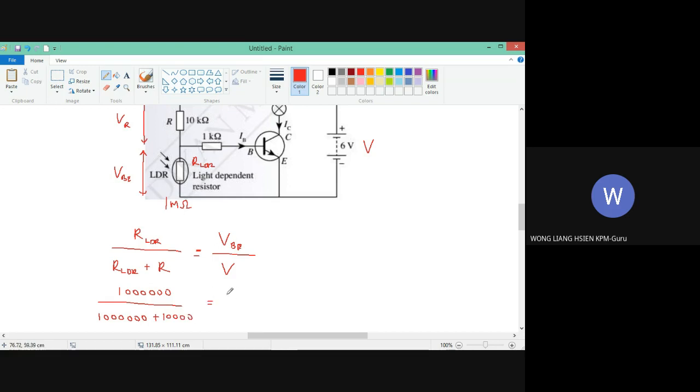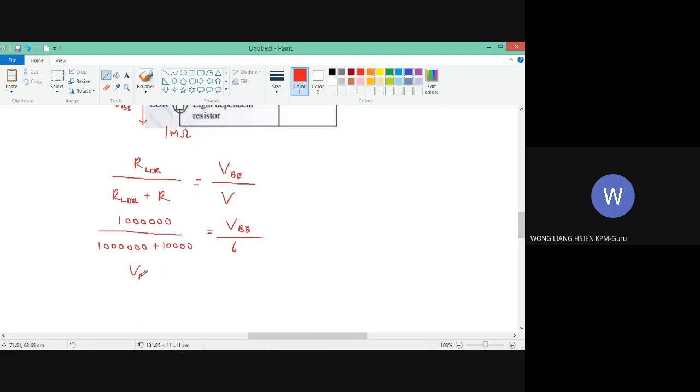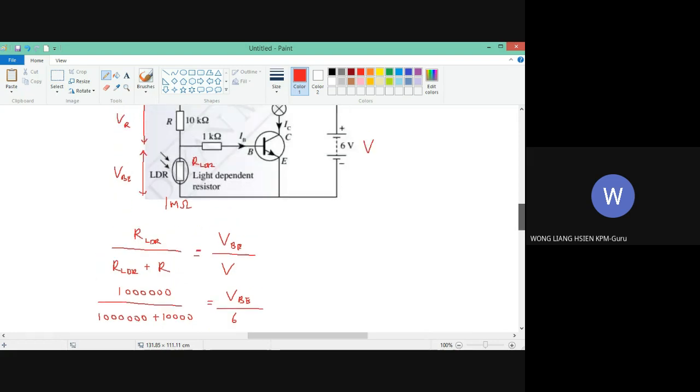So V goes to, so you get 5.944. Okay, so you see the voltage here is 5.94 volt.